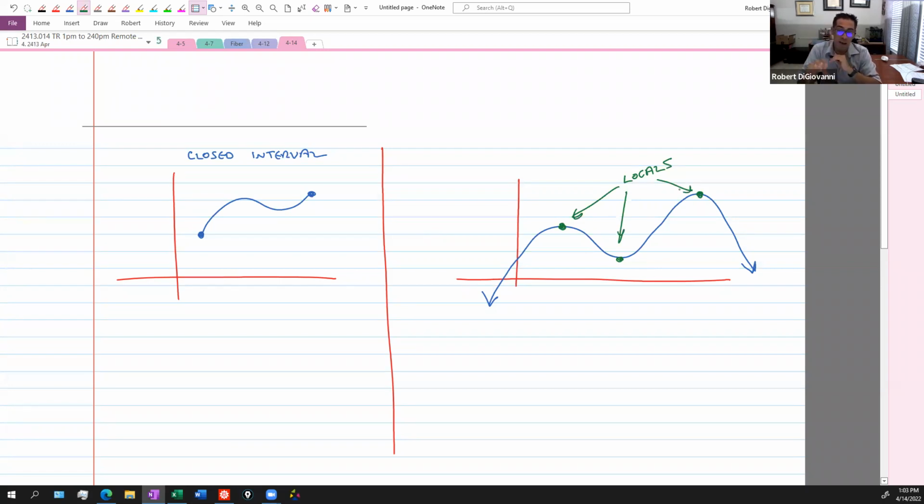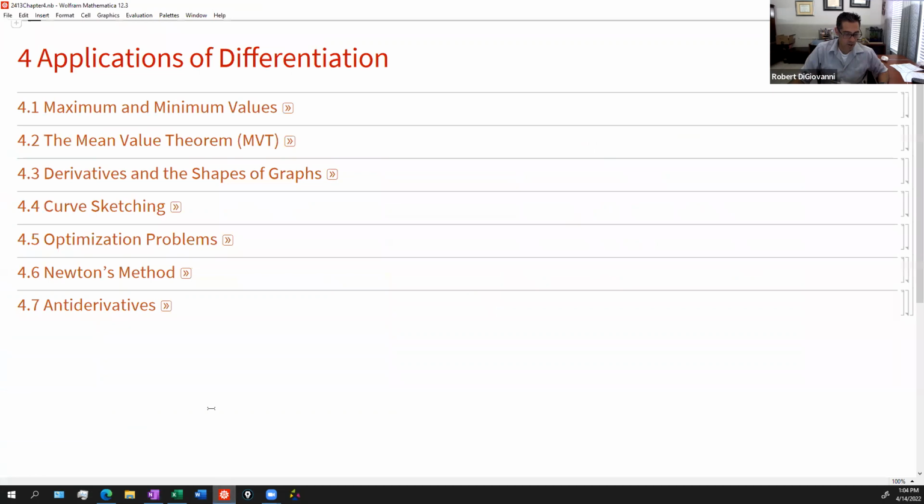And to do that is actually related to what we've done, but it's a totally different technique. So whenever you've got a closed interval, we want to do things one way. Whenever you have a non-closed interval, then we have a different technique. So this section is to get us started on how we would find these local maximums and minimums. All right, that's the motivation.